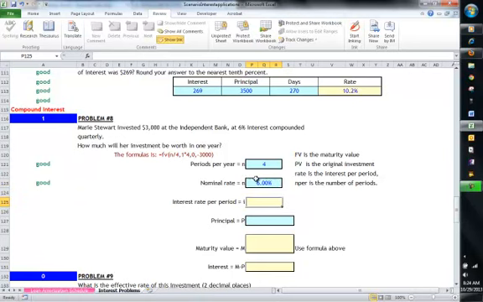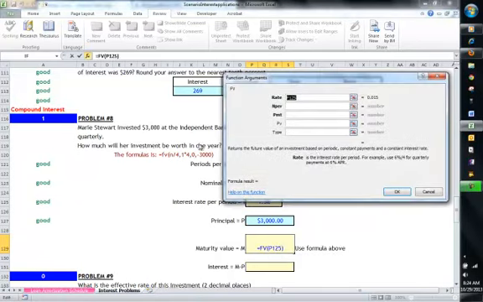Interest per period is the nominal rate divided by how many periods, in this case 1.5%. Principal is $3,000. Maturity value: use the formula equals future value of the rate, which is 1.5%.